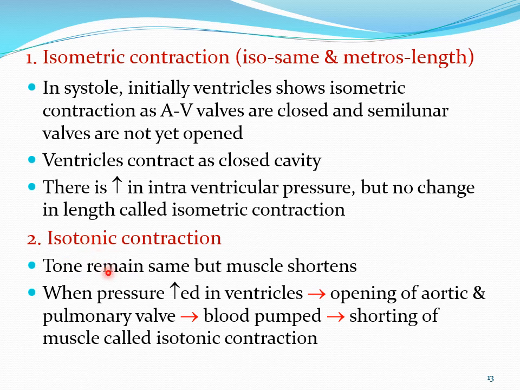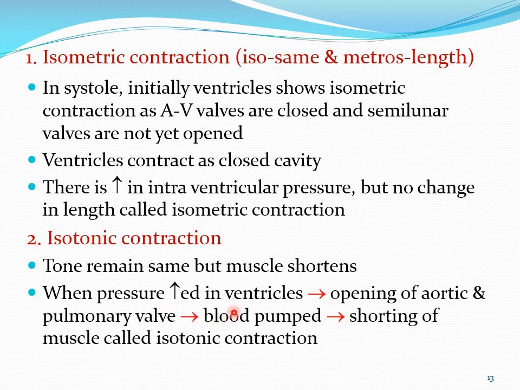So what is isotonic contraction? Here the tone remains the same, but there is a change in the length of the muscle. Tone means the pressure on the muscle remains the same, but there is shortening of the muscle, contraction of the muscle. So what happens in the heart?